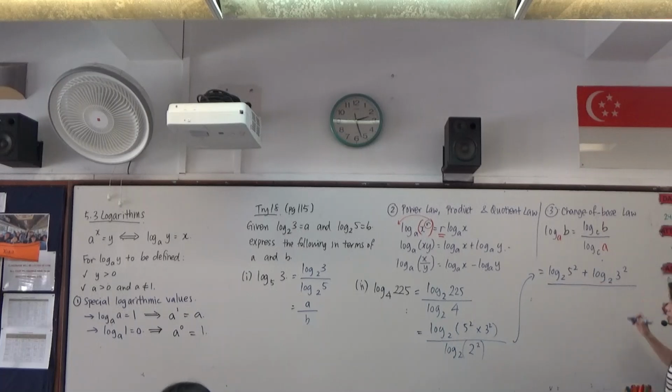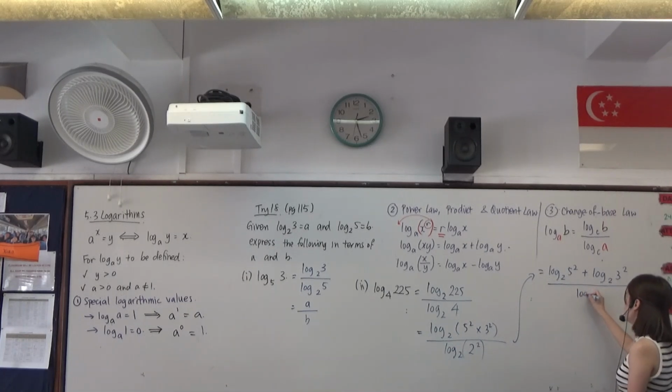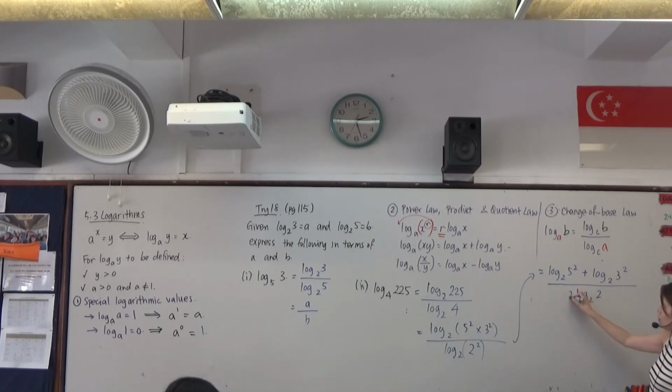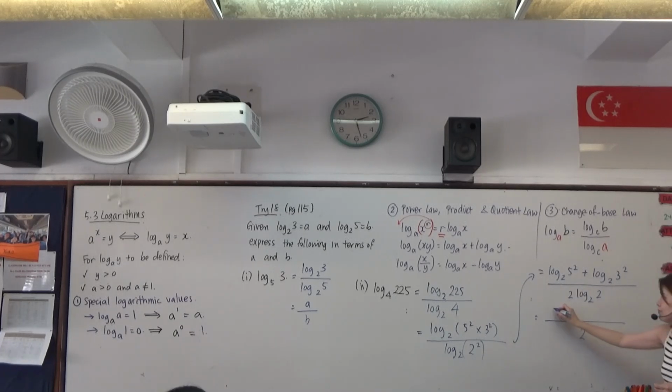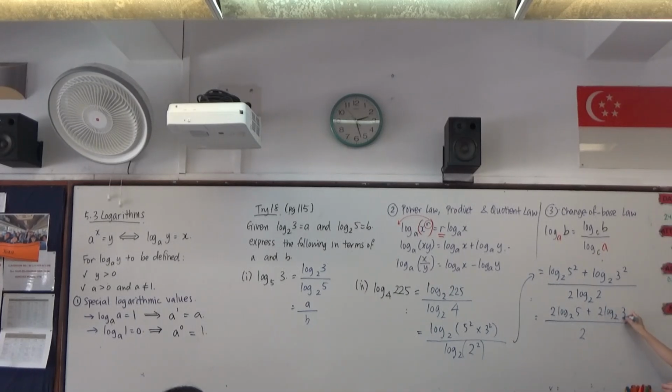The denominator is log 2 squared base 2. I can bring the power of 2 down. Log 2 base 2 is 1, so in the denominator it's actually just a value. Log 5 squared base 2, power brought down, we get 2 log 5 base 2 plus 2 log 3 base 2.